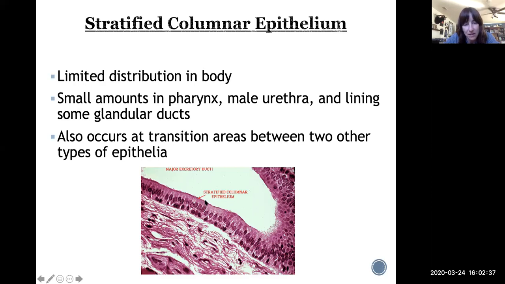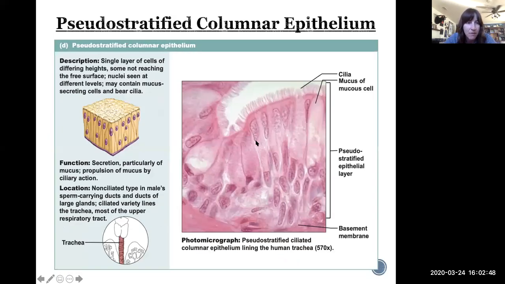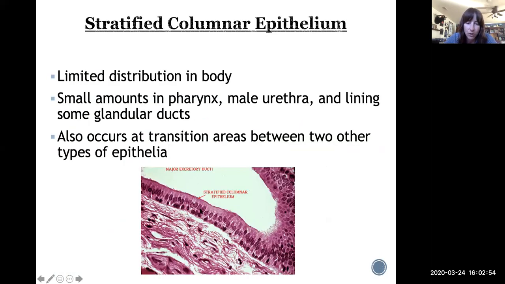So because these guys are long and skinny, but we've got two rows of nuclei versus the kind of funky everywhere nuclei of pseudostratified, that's really how you're going to identify it as being a stratified columnar.